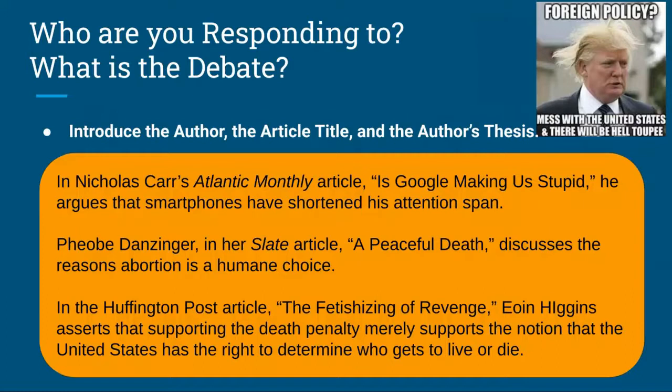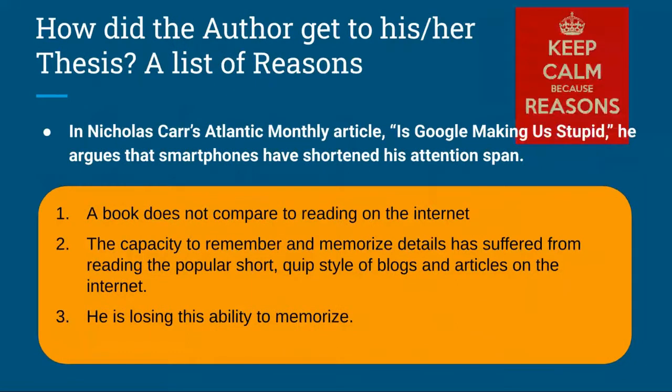He's asserting that supporting the death penalty merely supports the notion. So he's taking a stand, a position, and he's deciding that it's too much government control. Giving the government the permission to put people to death is too much power.